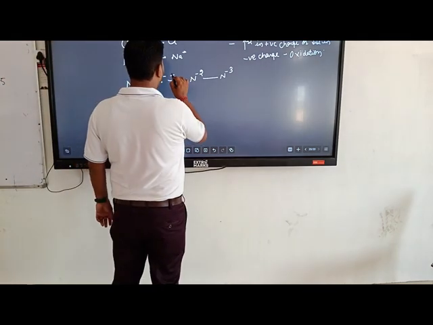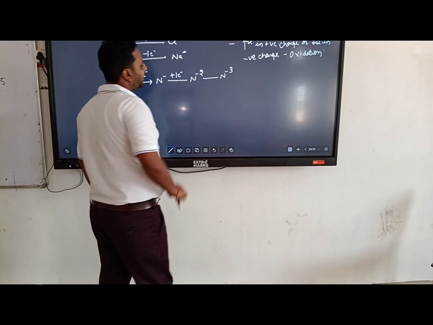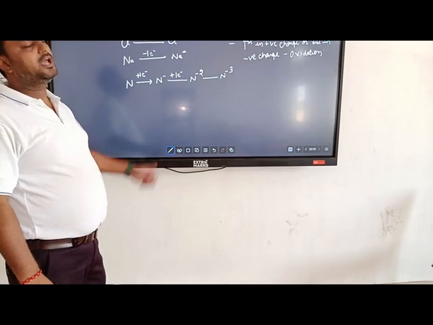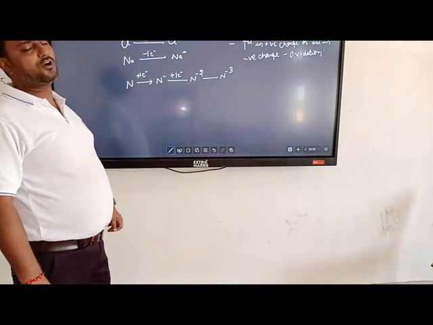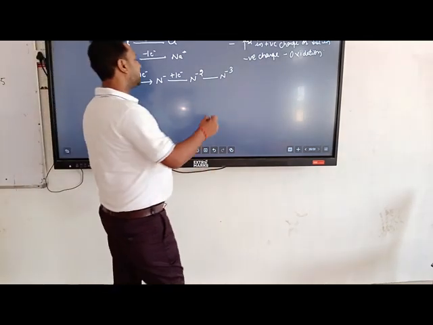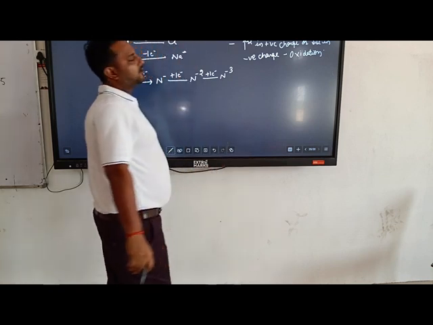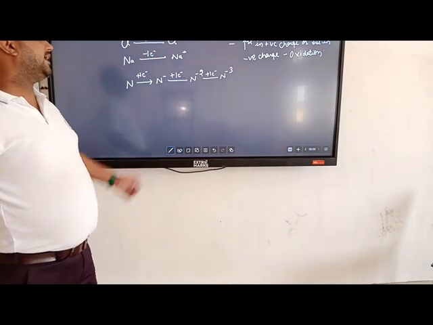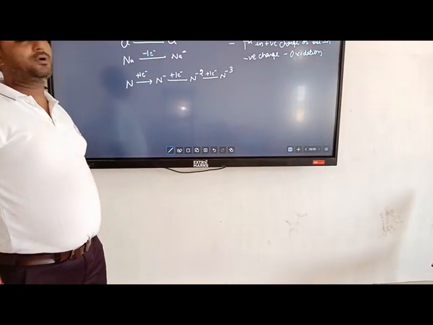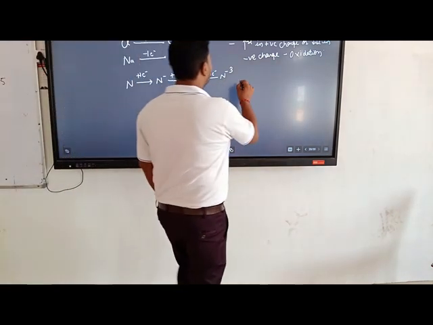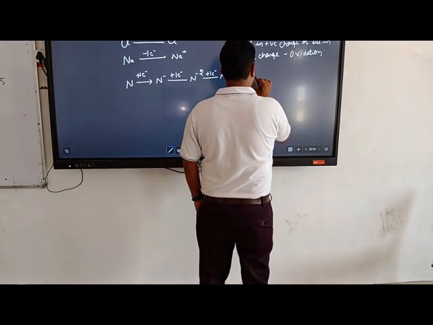Conversion of N minus 1 to N minus 2 has also taken place by addition of one electron on N minus 1, so it is the reduction of N minus 1. And conversion of N minus 2 to N3 minus has also taken place by the addition of an electron on N minus 2. So this whole sequence is of reduction.